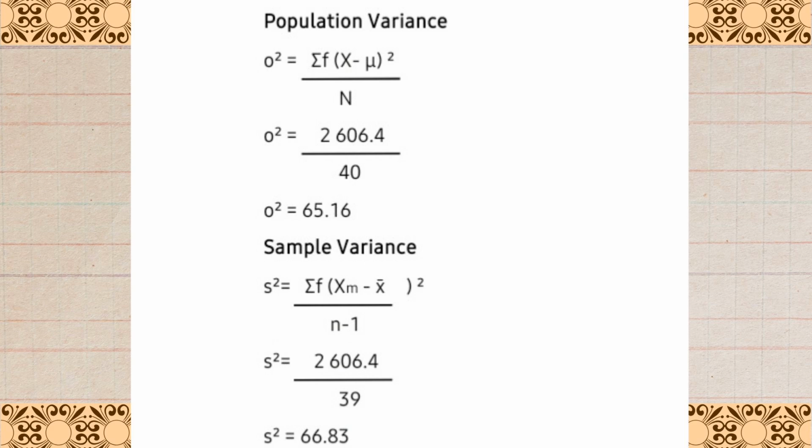So according to the table, 60.04 is the n observation of given data. Of course, we divide it by 39. The answer is 66.83.